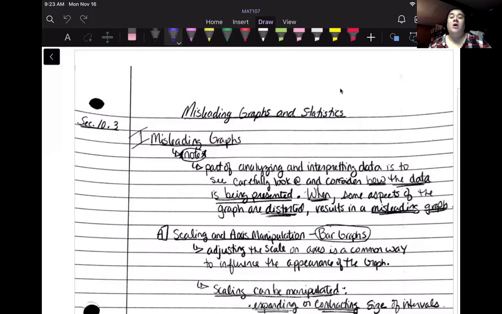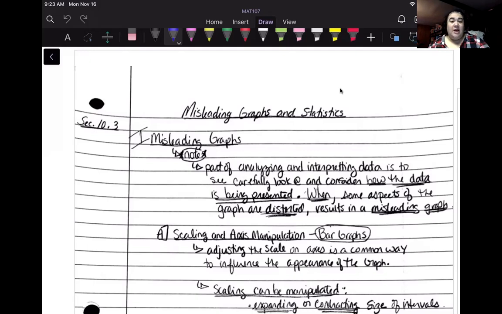In particular, how the visuals that we use, particularly to report and analyze data, that is graphs, charts, can be manipulated either purposefully or inadvertently in such a way that it actually misleads you in your interpreting of the information that's being given to you.